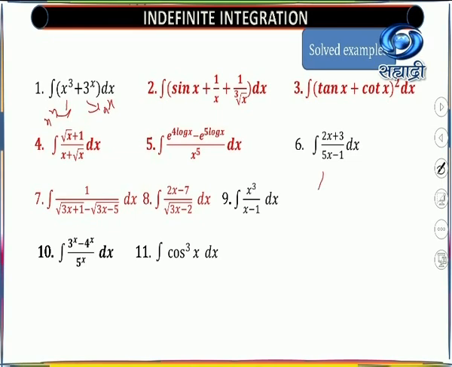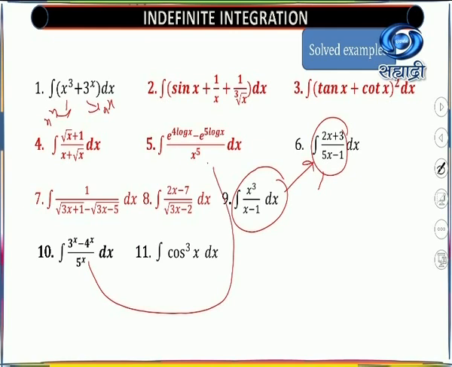This is a simplified form of what we have, and I will discuss that also. The x cube terms are similar, 6 and 9 are similar. This one is similar to what you have here. So you will get this formula: 3 upon 5 raised to x, which means you can split this as 3 raised to x upon 5 raised to x, minus 4 raised to x upon 5 raised to x.